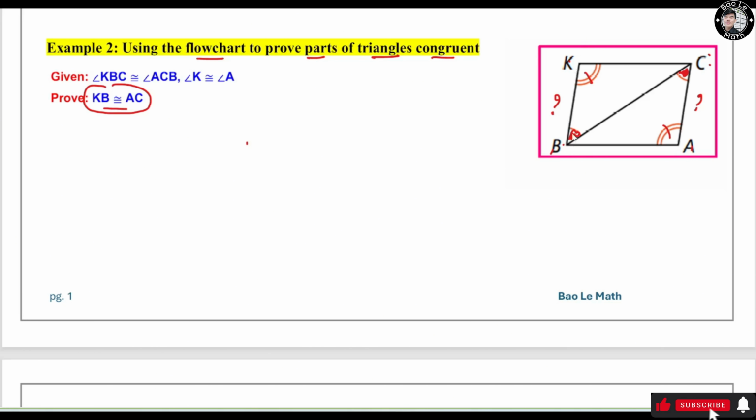We have angle B congruent to angle C, given. We have angle K congruent to angle A, given. And we have side BC congruent to itself by the reflexive property. Then triangle KBC is congruent to triangle ACB by the AAS theorem. Then you can conclude that KB is congruent to AC by CPCTC.